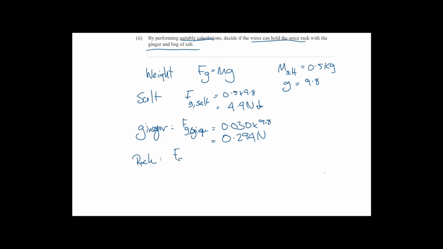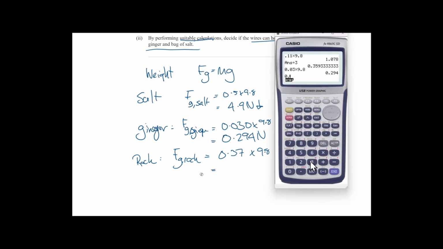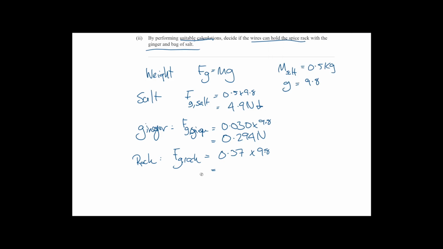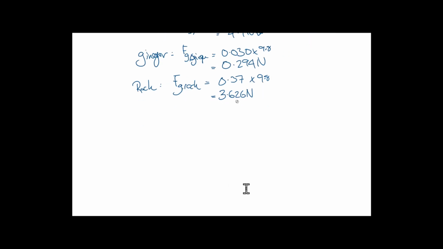The force of gravity on the rack is going to be the mass of the rack, 0.37 kg times 9.8 newtons per kilogram. And again, we're going to use our calculator. 3.626 newtons. Fair enough. So that's the weight. Now we want to calculate the tension on, is that going to be too much?